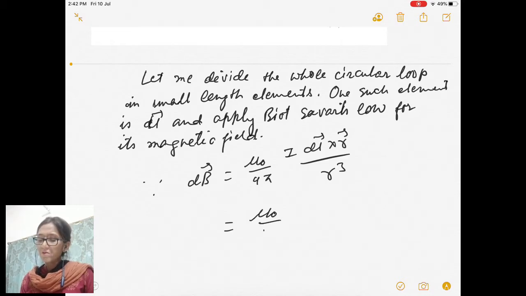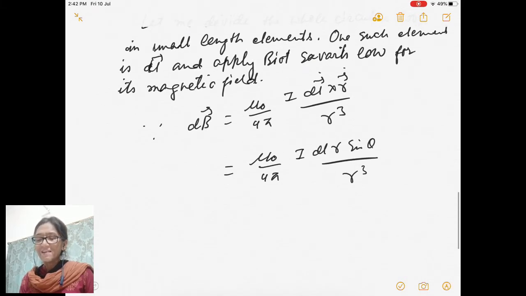This you can also write as mu naught upon 4 pi I dl r sine theta upon r cube. And here theta is the angle between dl and r, and we have obtained this is 90 degree because the length element is perpendicular to the plane. Circle is perpendicular to the plane and r vector is on the plane. So angle is 90 degree. So we obtained mu naught upon 4 pi I dl.